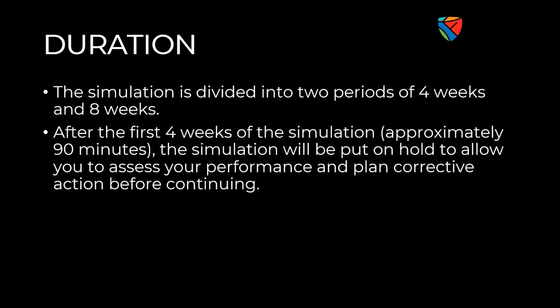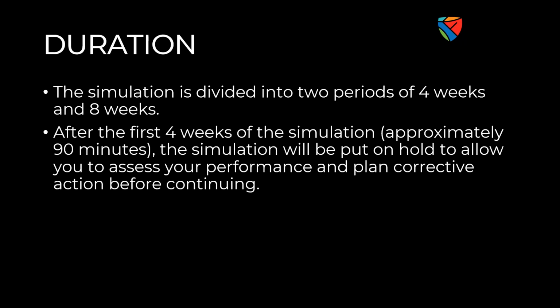The duration here is divided into two periods of 4 weeks and 8 weeks. After the first 4 weeks of the Simultrain, approximately 90 minutes, we will be squeezing it because we have started it after your midterm. So we will have limited time, but we will cover all these given scenarios.